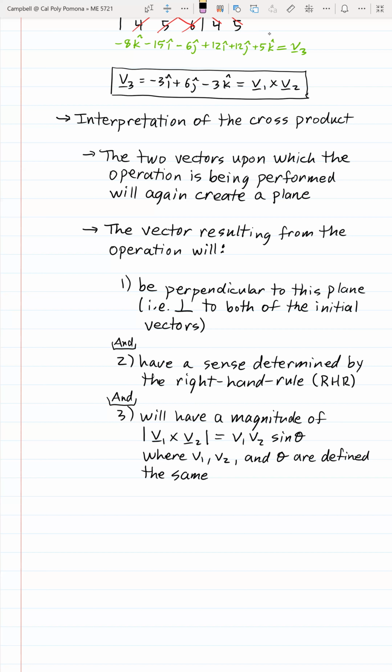Technically, I should say in the same way as, but that's okay. We'll just do the same as the dot product.